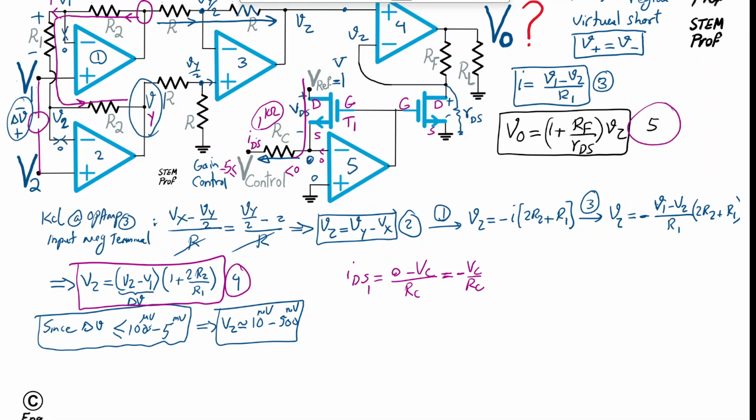That's the IDS. So what happens is, when V control is set to a voltage between 0 and -5, the op-amp will push the output, given that the positive input terminal is connected to ground, high enough so that the voltage of the gate is defined by the output of the op-amp.